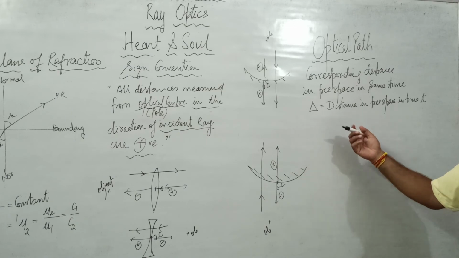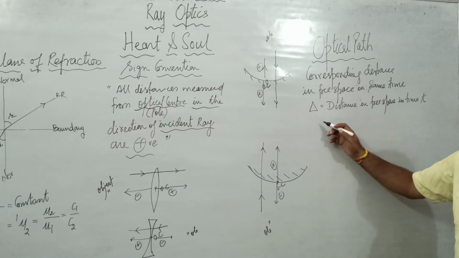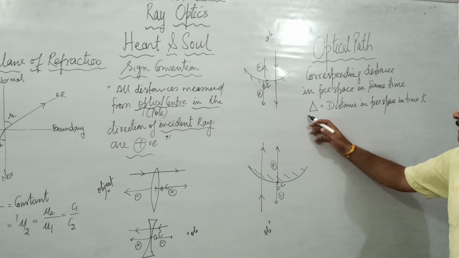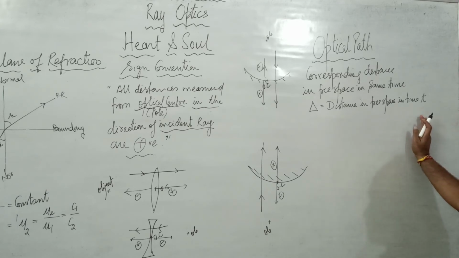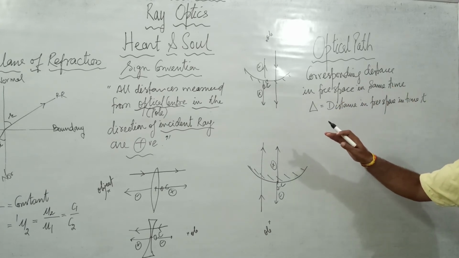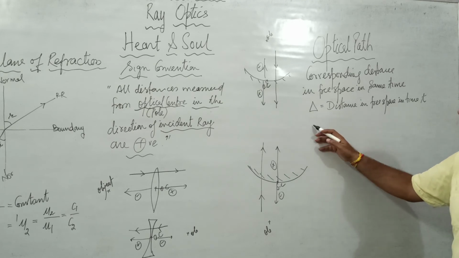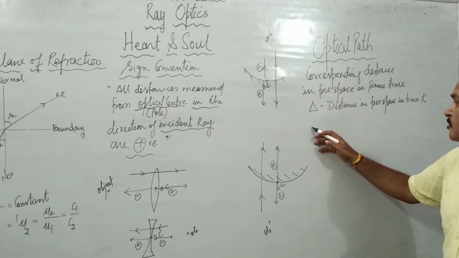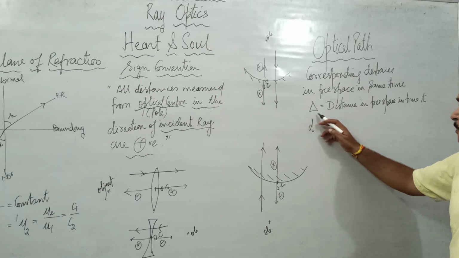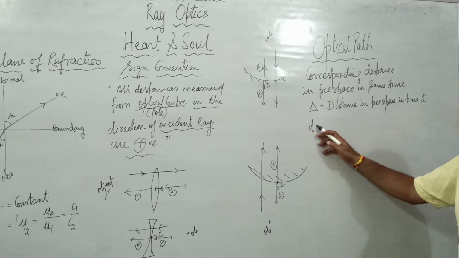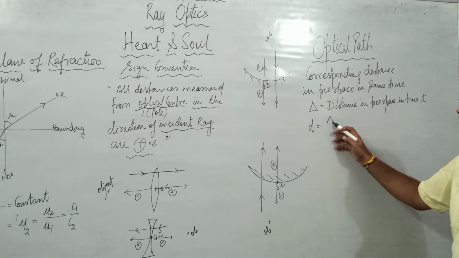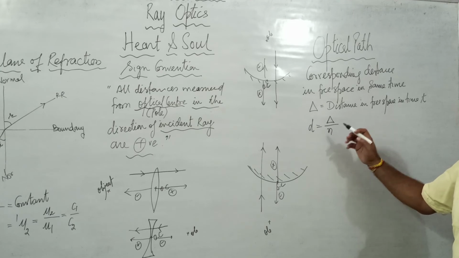The distance it is going to travel in the free space is delta in time t. Then what distance is the light going to travel in the medium? That distance d, the corresponding distance d, the optical path of this distance d is nothing but delta upon n.